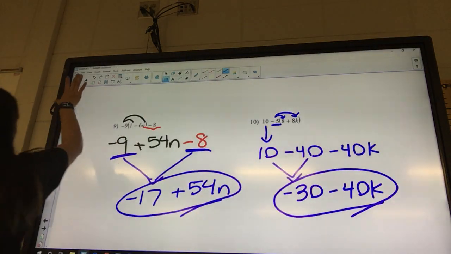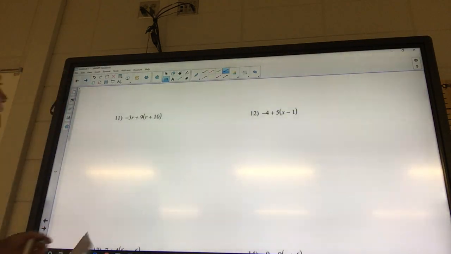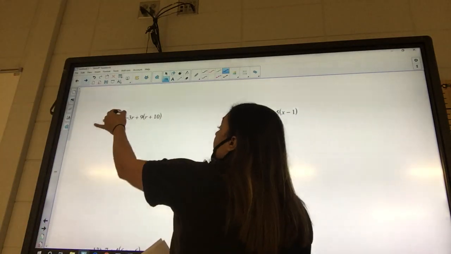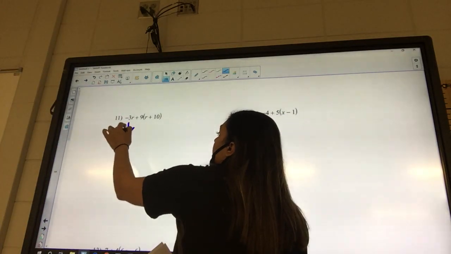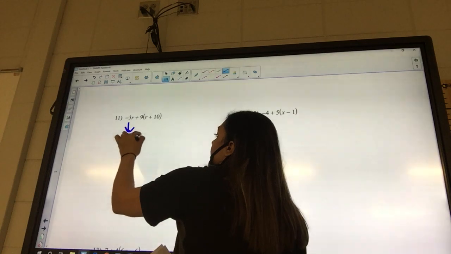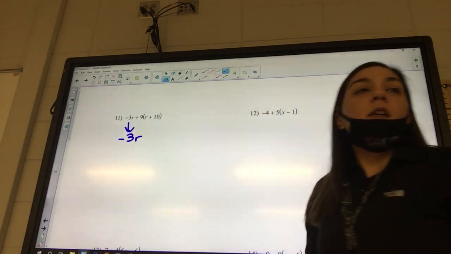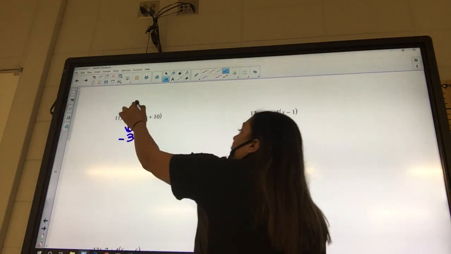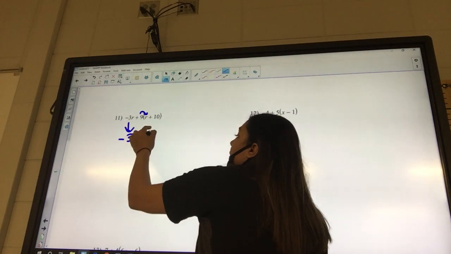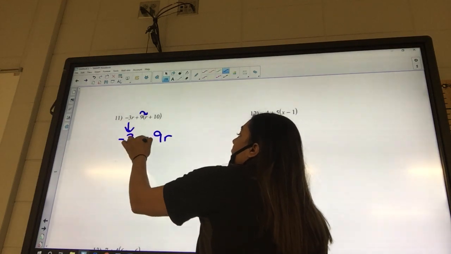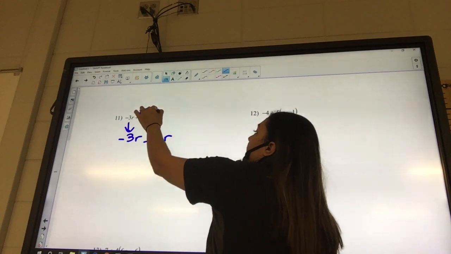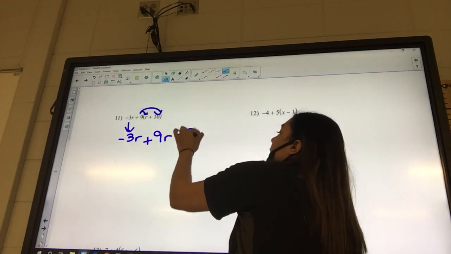Okay, so let's look at 11. So the 3r, it's not by the parentheses, so you can drop that down. So you're going to say minus 3r. And then we're ready to distribute. So 9 times r is 9r. 9 times 10 is going to be 90.